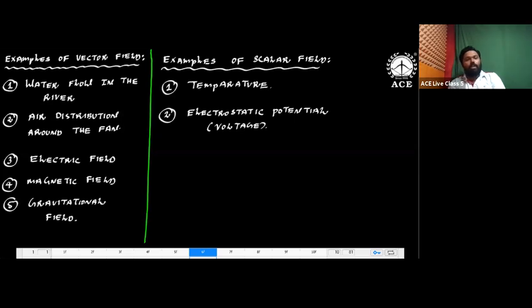I want you to visualize that there are different types of fields: some may be straightforward, some circulating, or some may be general, a combination of both straightforward as well as circulating. Clear? Yes.